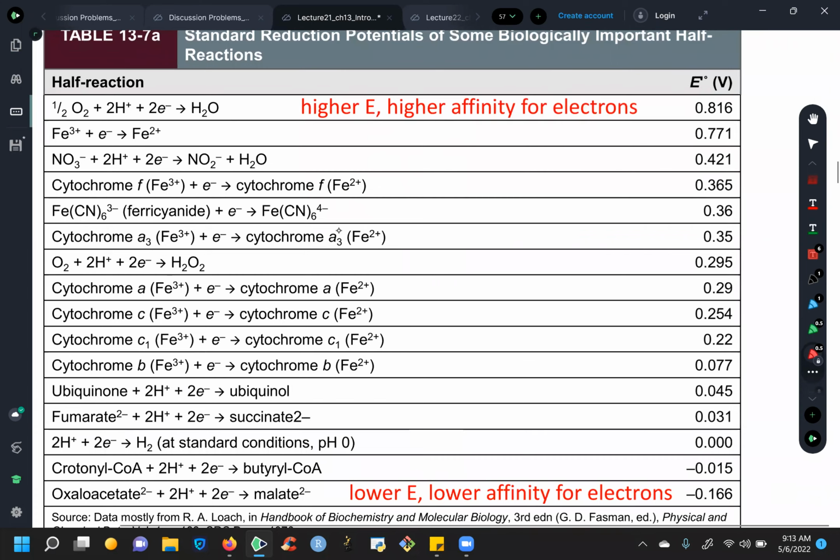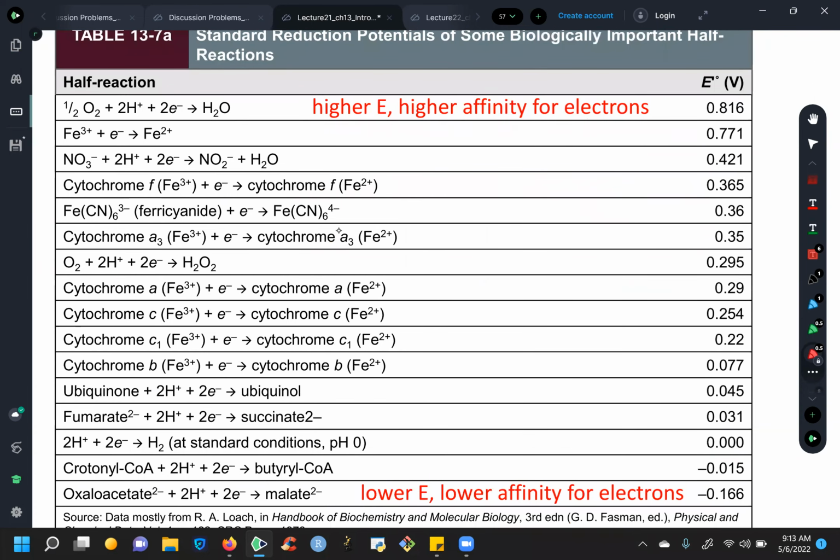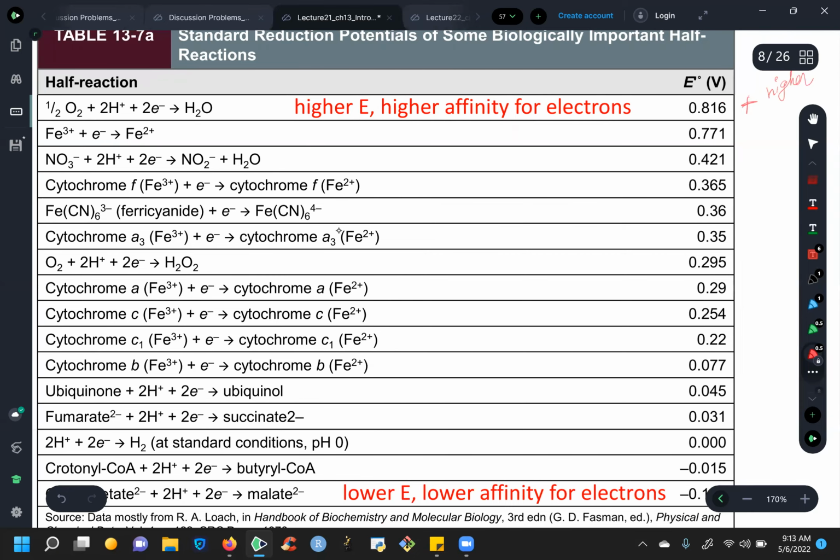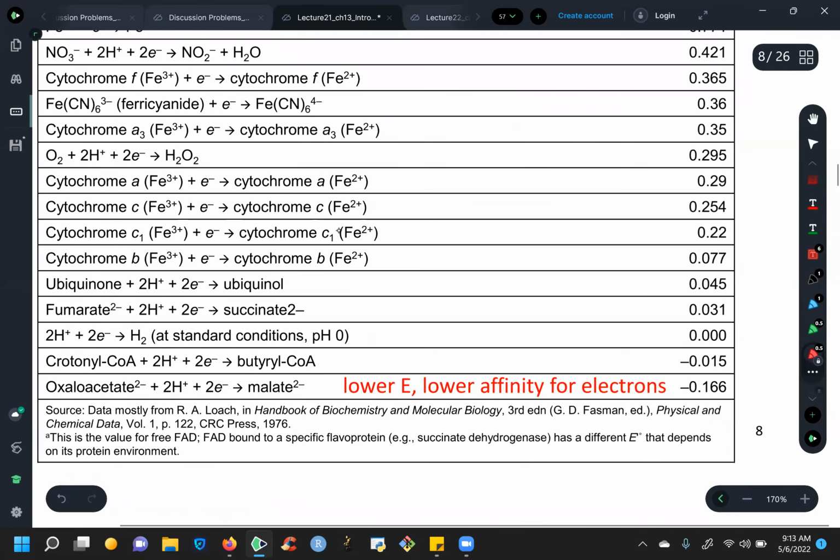On the exam, if they give you a question like this, they'll probably give you a smaller table. Up here at the top is the more positive stuff and the higher values, and down at the bottom are the more negative numbers and the lower values.